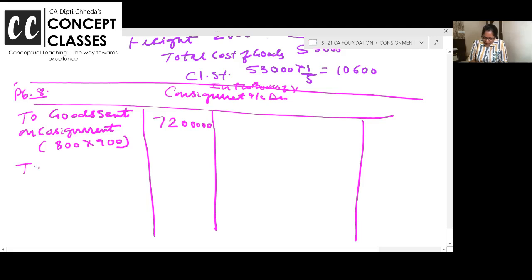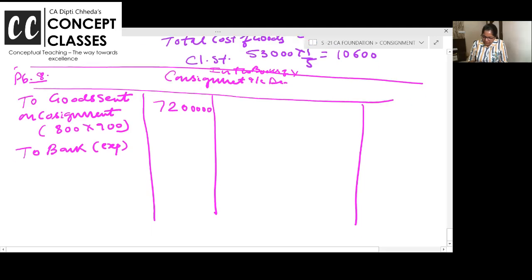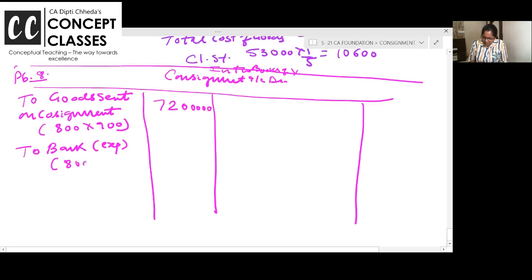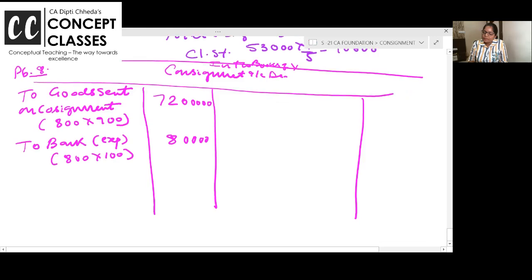Now, we have spent expenses: 100 per packet as cartage, freight, insurance, and forwarding charges. So 800 packets into 100 per packet, that is 80,000.